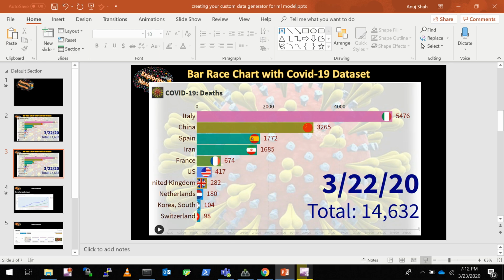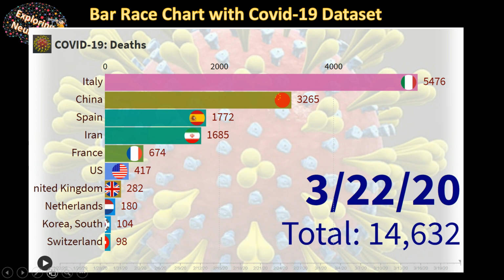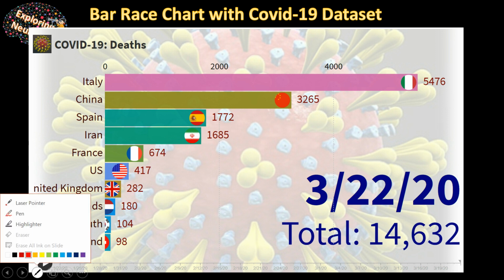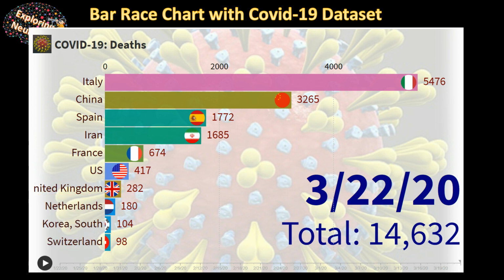I'll just make it a slideshow and add a pen. So what we'll be adding here, we can see we have a logo. So we'll be adding a logo and a title, and then an image for every label. For example, our label is country. For every label, we'll be adding an image, and here it's a flag, and then a background, as you can see here.